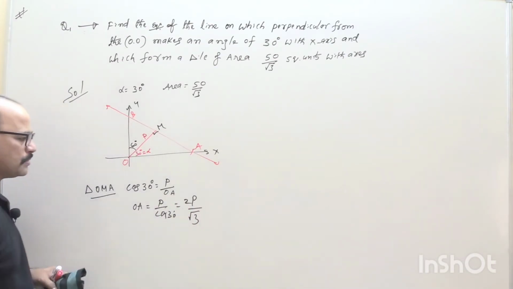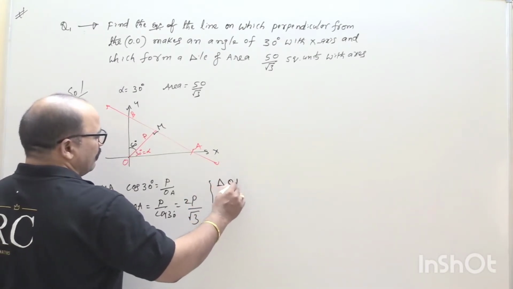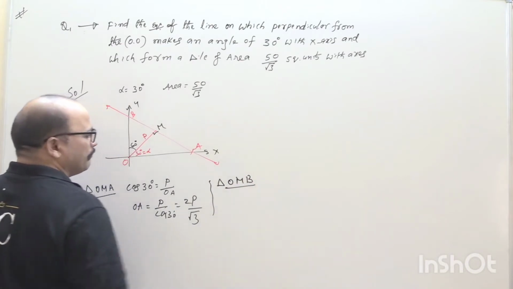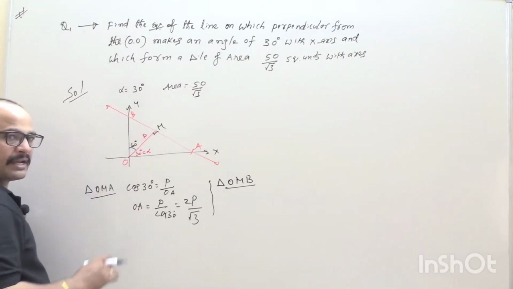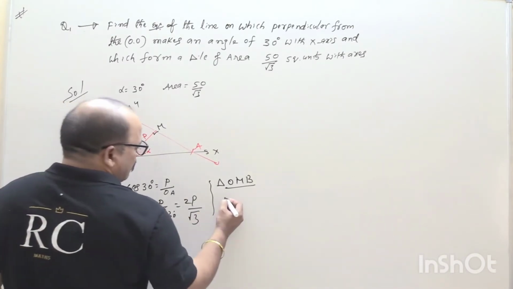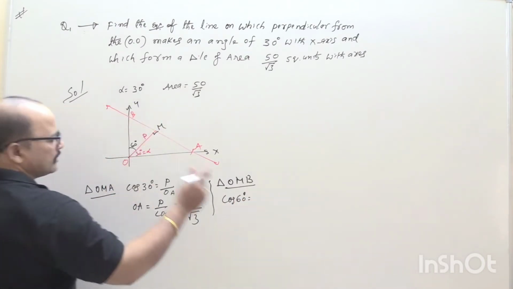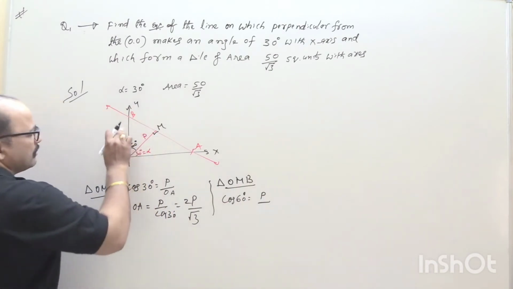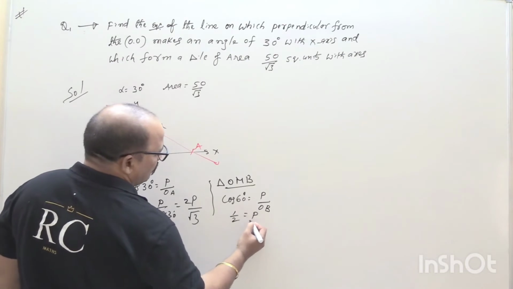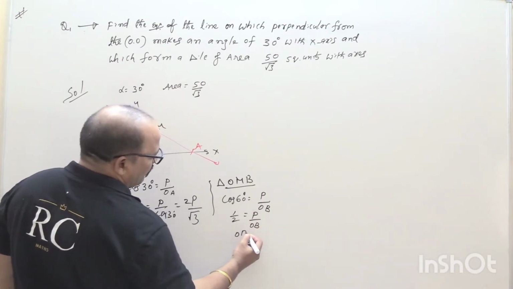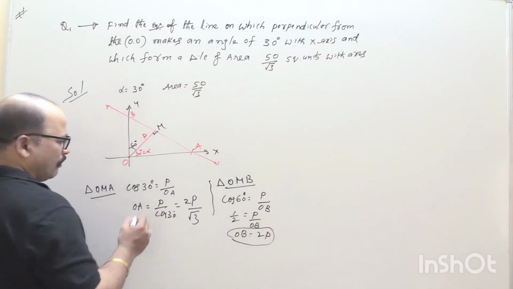I am writing the direct step, students. Next, the same triangle, OMB. Here the angle is 60 degrees, with the right angle. Cos 60 degrees is the adjacent side P by the hypotenuse OB. Cos 60 is 1 by 2, equal to P by OB. So OB is equal to 2 times P.